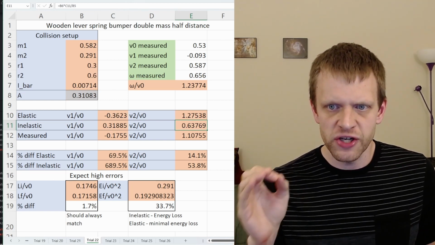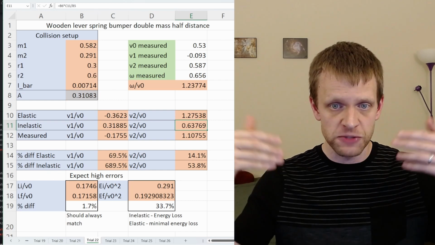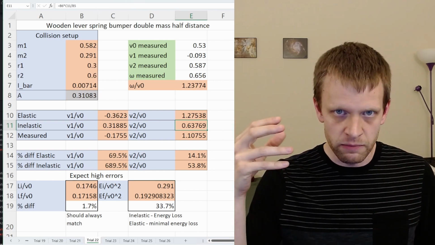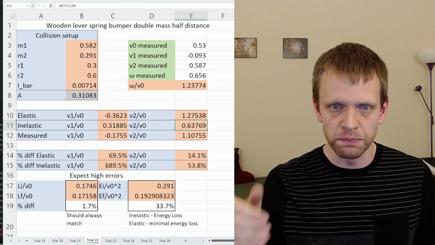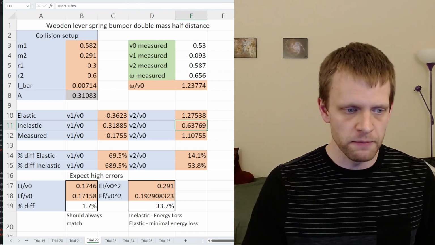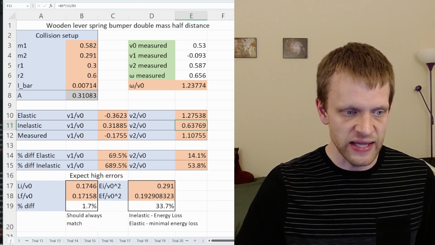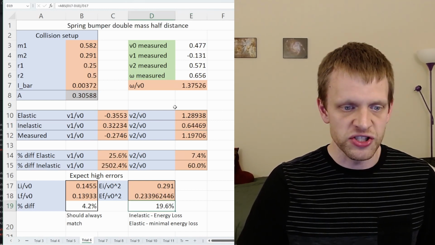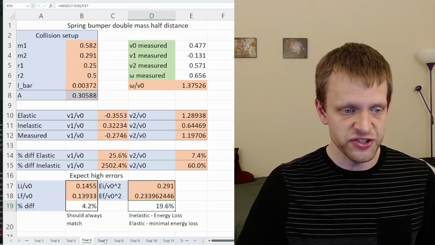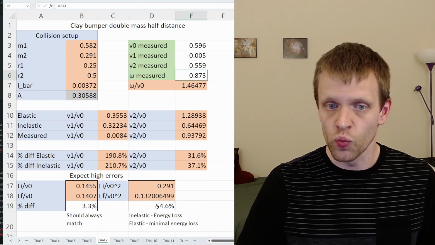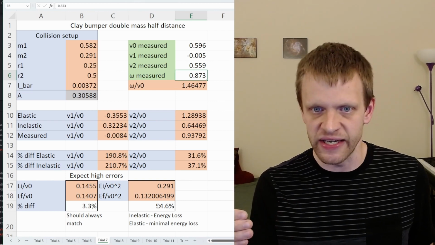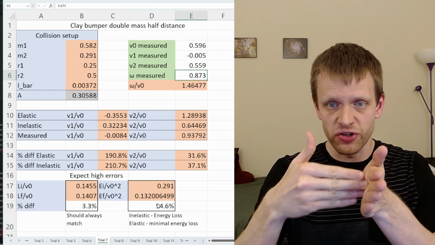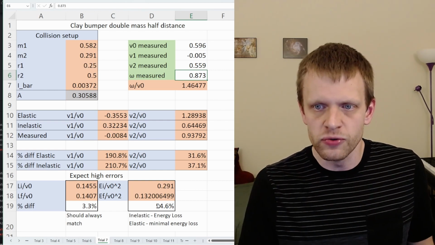In every scenario where we did the same kind of setup but just changed which bumpers we were using, the spring bumpers got us closer to the elastic case. So if we go to some of these cases over here, using the spring bumpers, we were a lot closer to the elastic case. Using the clay bumpers, we were a lot closer to the inelastic case. Not super close because it didn't hit and stick completely to the cart, but we did get a lot closer.